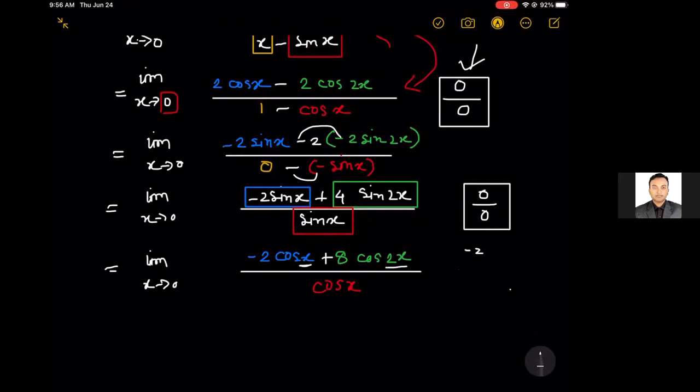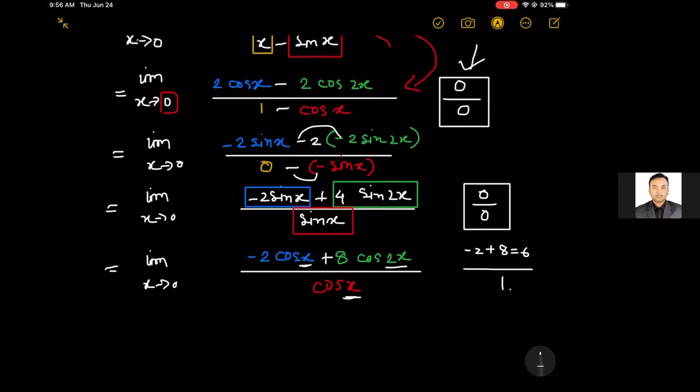So 8 times 1 will be +8, which is +6 in the numerator. That's the good news. Finally, we have some non-zero value in the numerator. And this is cosine 0, which is 1, so in the denominator we also have a non-zero value.